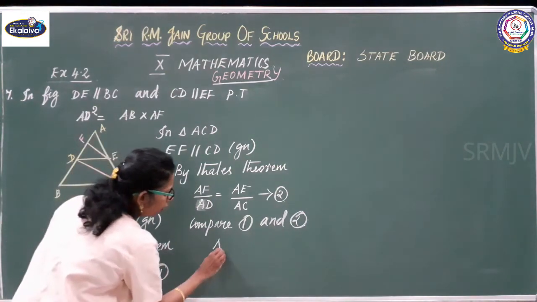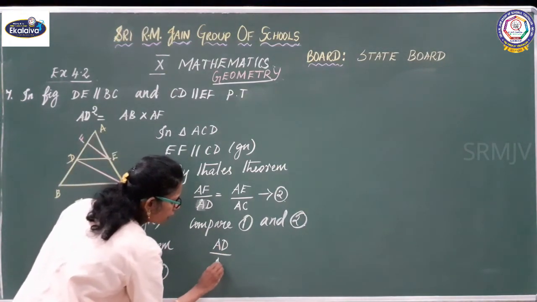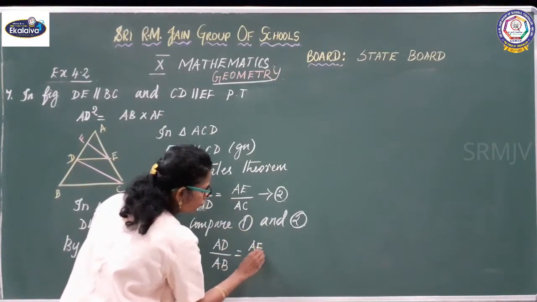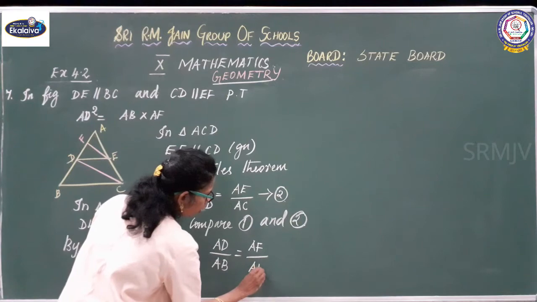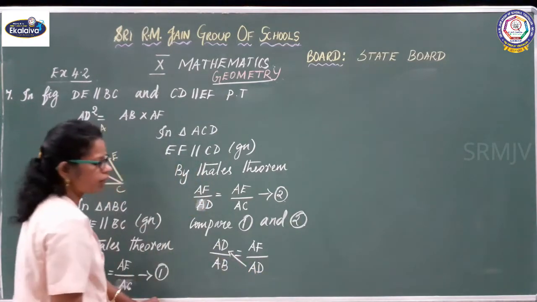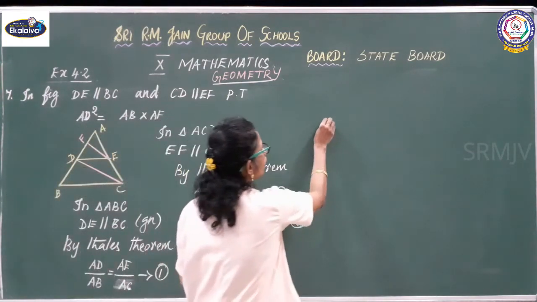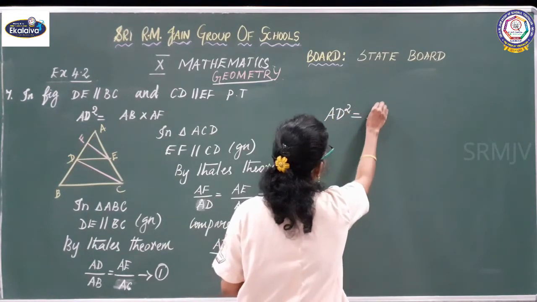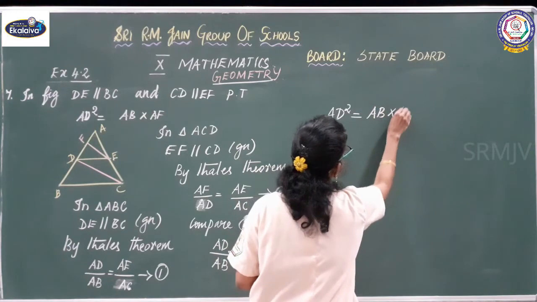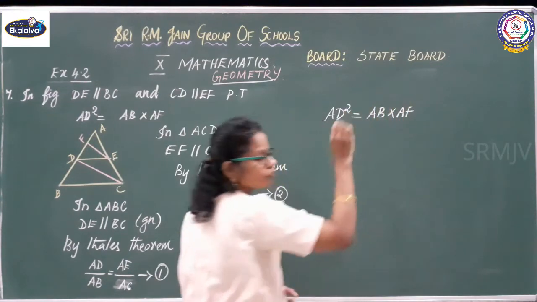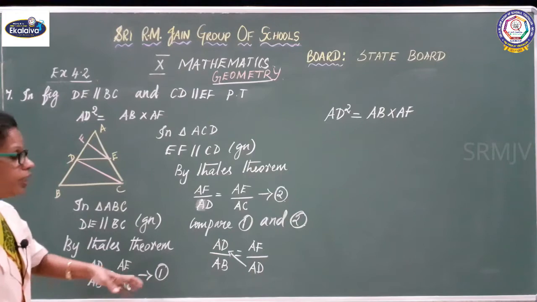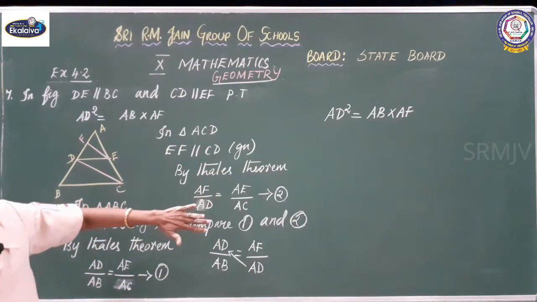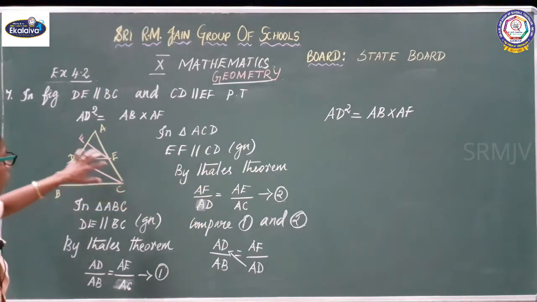Then AD divided by AB equal to AF divided by AD. Then cross multiply. What can you get? AD square equal to AB into AF, right? What they are asking to prove, that we proved here.